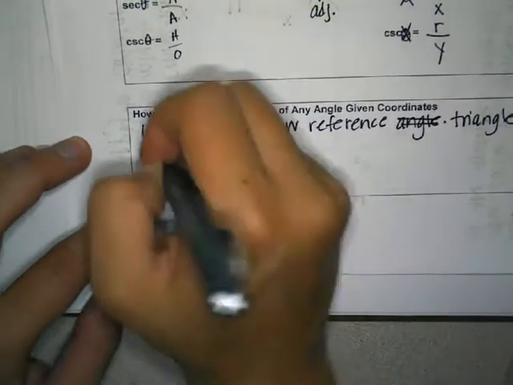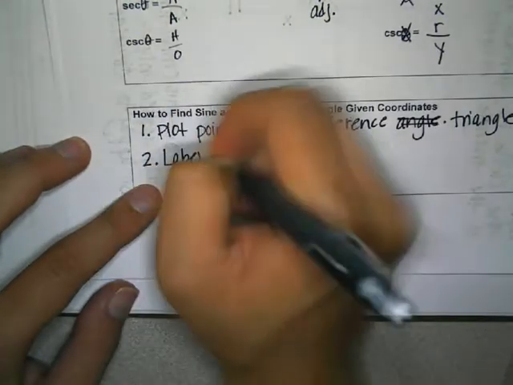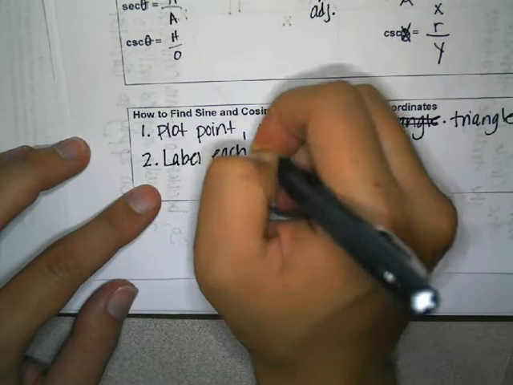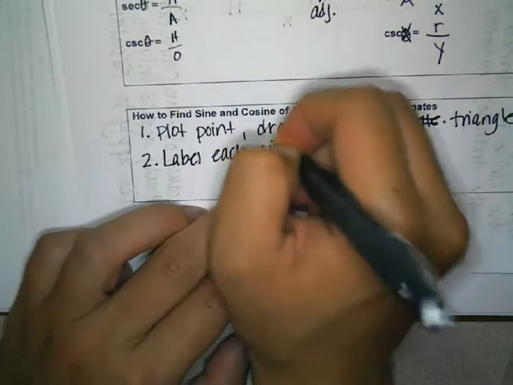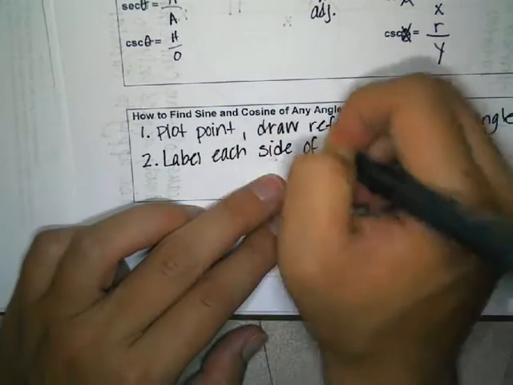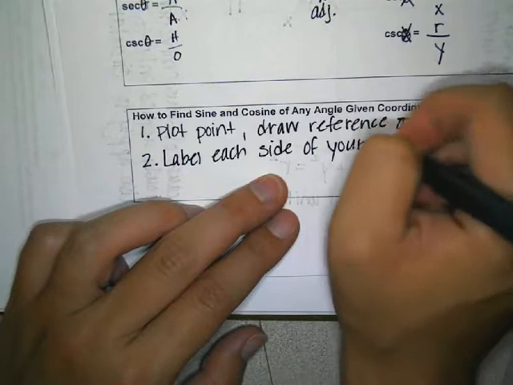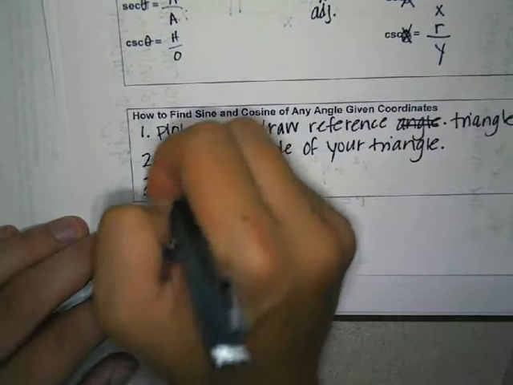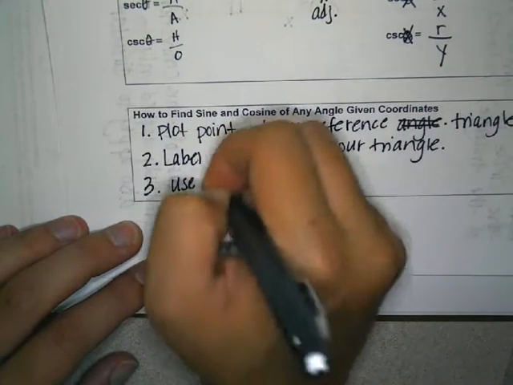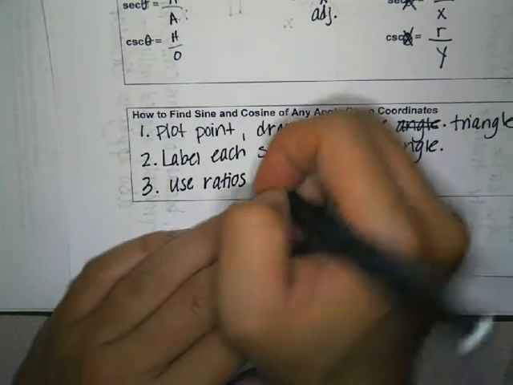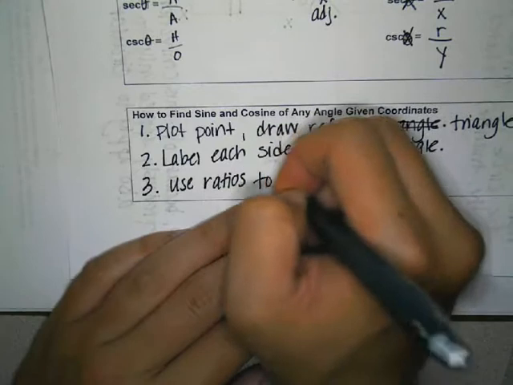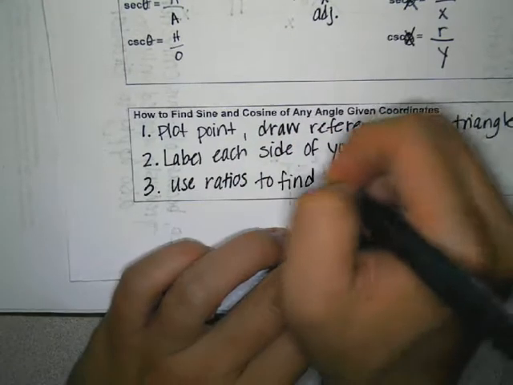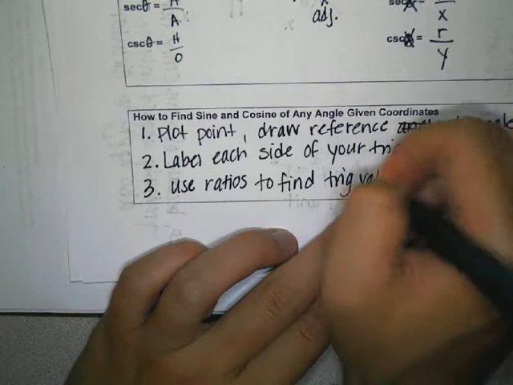Next thing you need to do is label each side of your triangle. Use the ratios to find trig values.